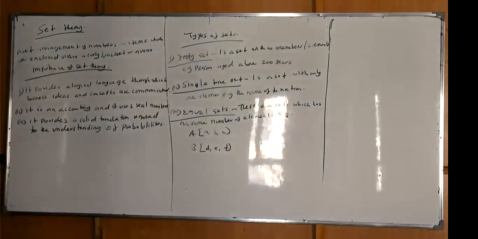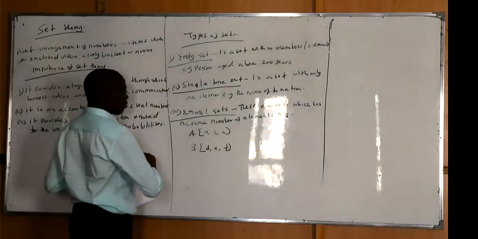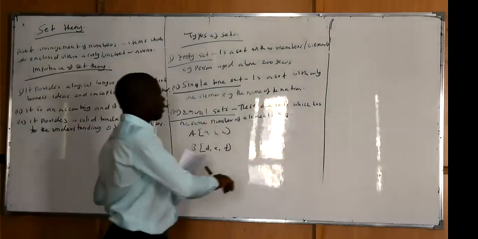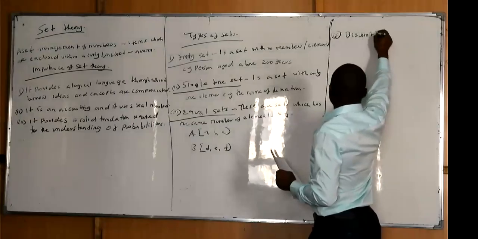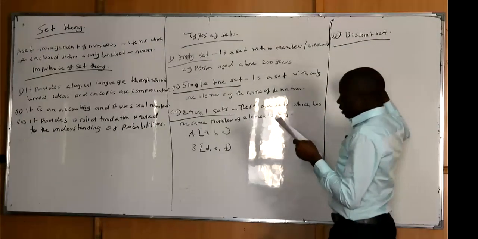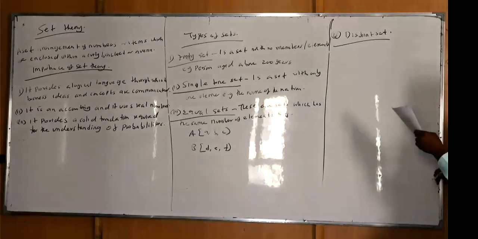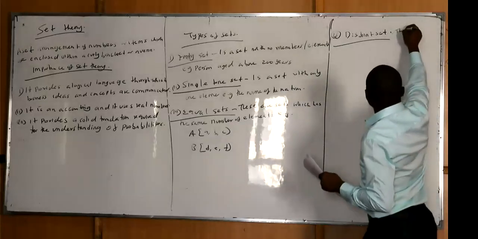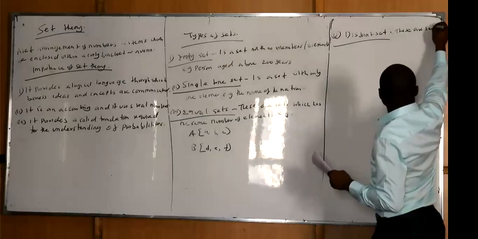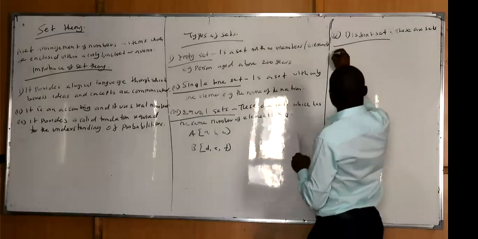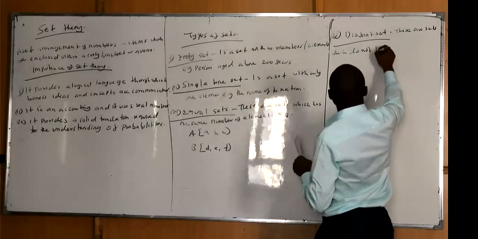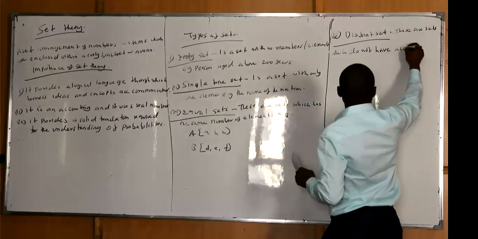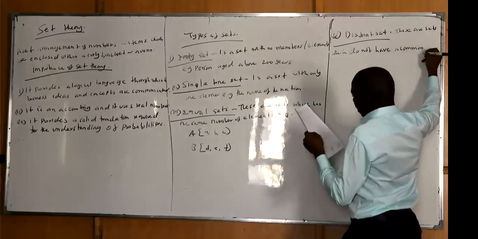Number 4 is a disjoint set. What is a disjoint set? These are sets which do not have a common element.